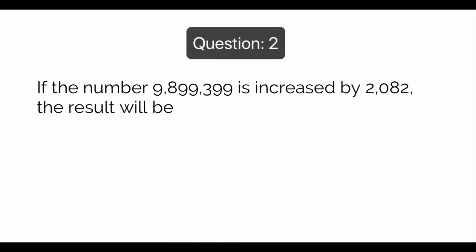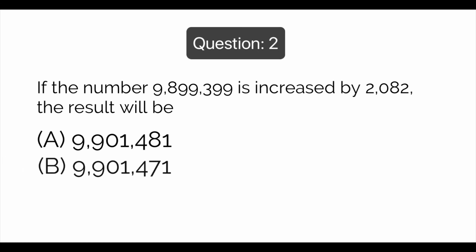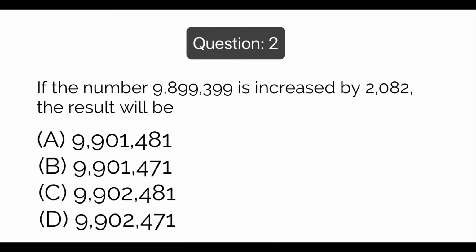Question 2. If the number 9,899,399 is increased by 2,082, the result will be A. 9,901,481, B. 9,901,471, C. 9,902,481, or D. 9,902,471.